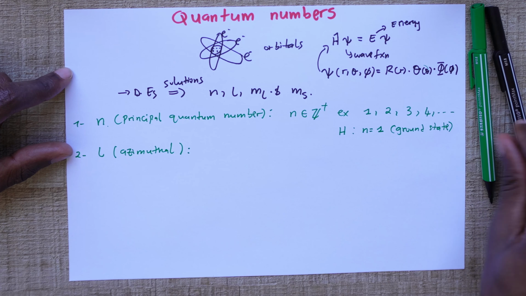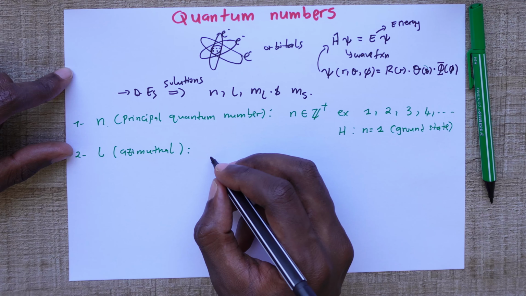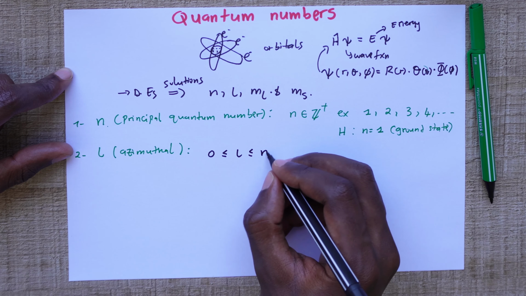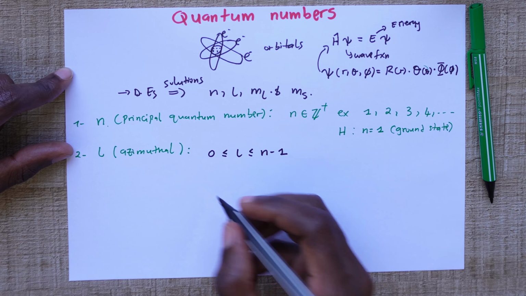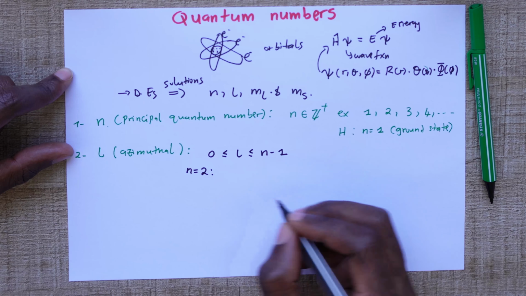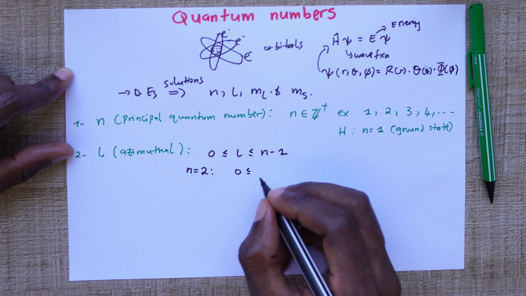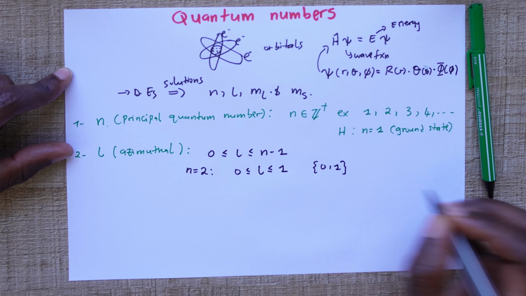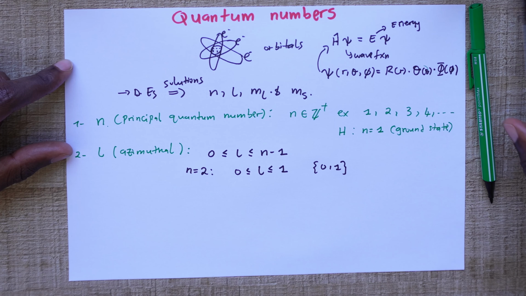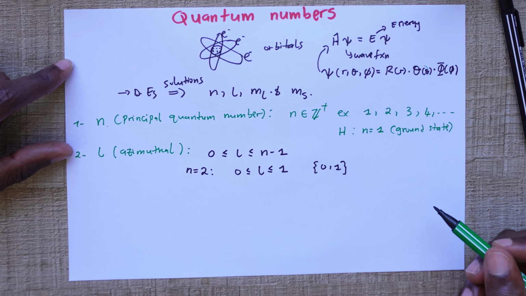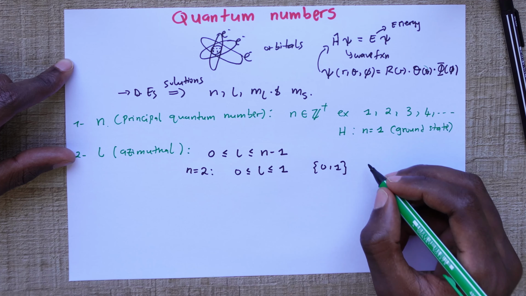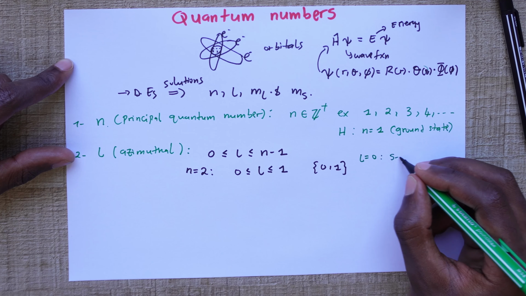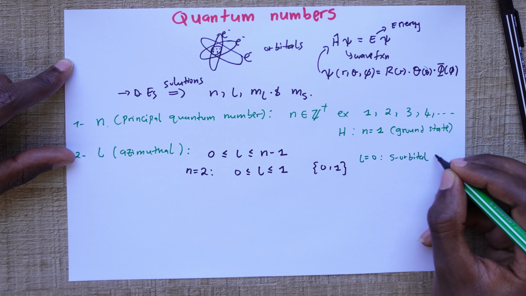The set of values that it can take vary from 0 to n minus 1, which means that if n is 2, for example, then l can take values between 0 and 1. In other words, 0, 1 in this case. So various values of l correspond to various shapes. For example, if l is equal to 0, then this corresponds to an s orbital, which is spherical in shape.